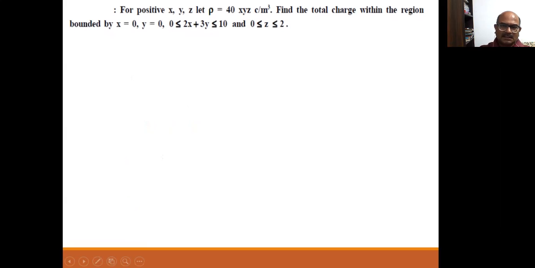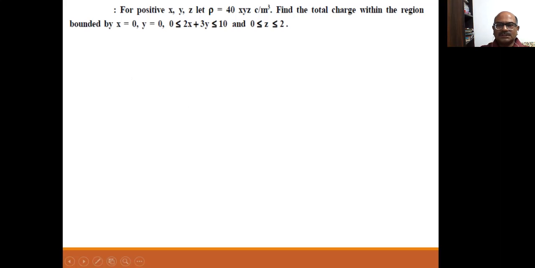Okay. Now moving to the next numerical, a very important numerical again on the triple integration part. Say that for positive x, y, z, suppose rho is equal to 40 xyz coulomb per meter cubed. Rho is the volume charge density, and because it is a volume charge density, its unit will be coulomb per meter cubed, and the value is 40 xyz.